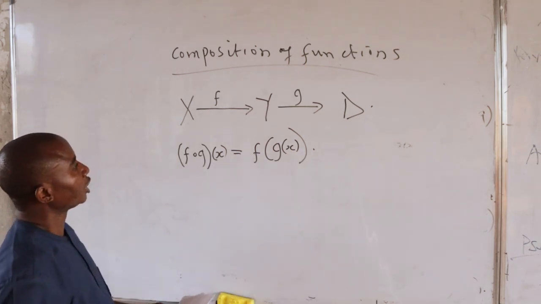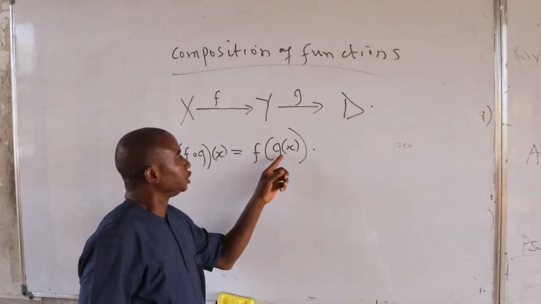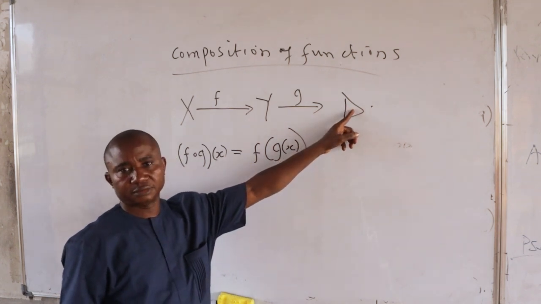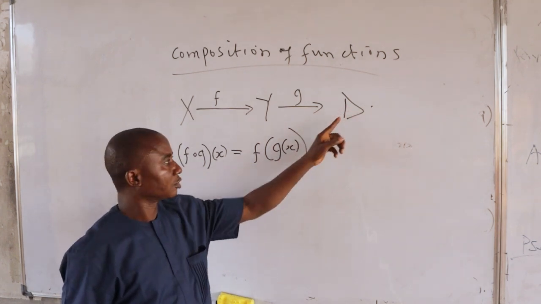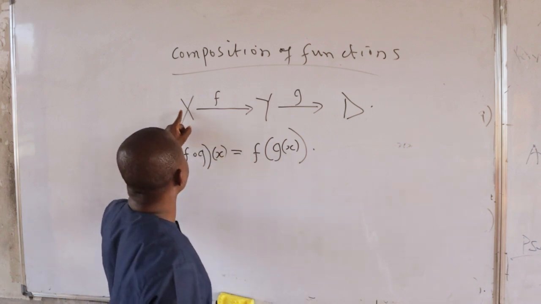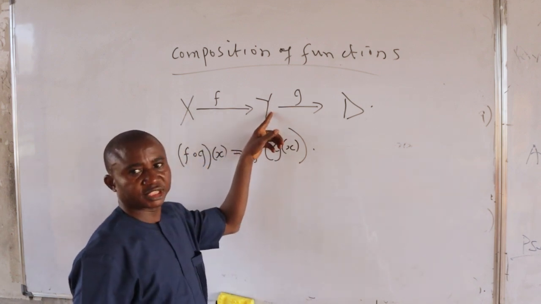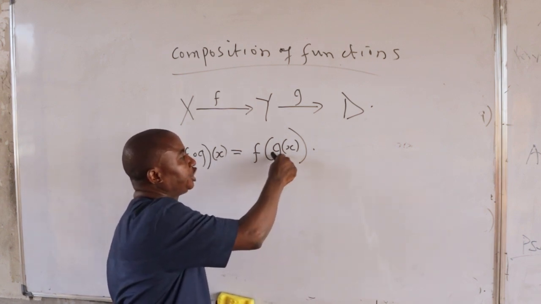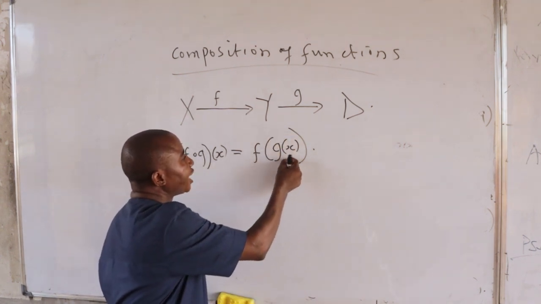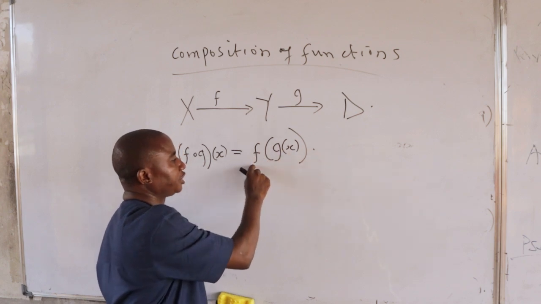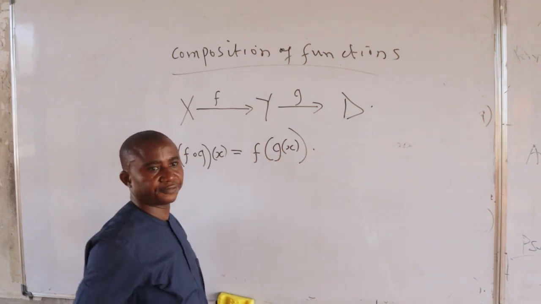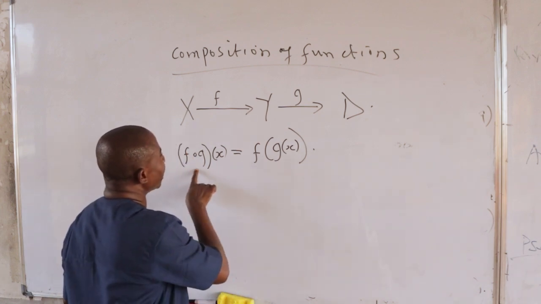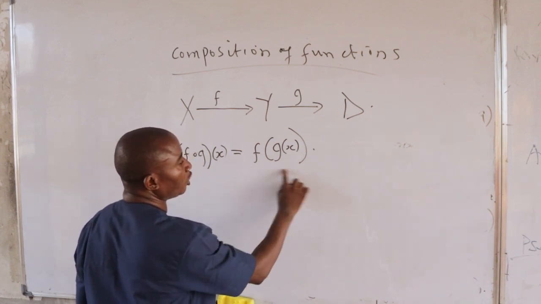By this diagram, g of x is an element of the set D. f is defined on X into the set Y. So for us to talk about f of g of x, g of x must be an element of the domain of this function f. That is one thing you must put at the back of your mind. Once you write this, write explicitly what it means.